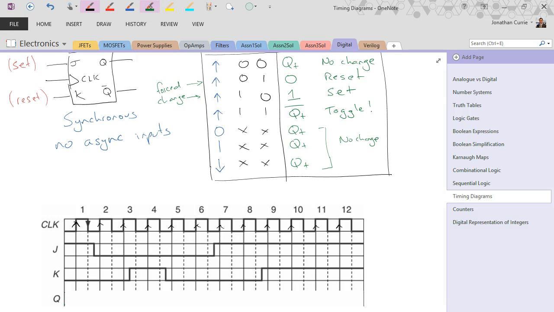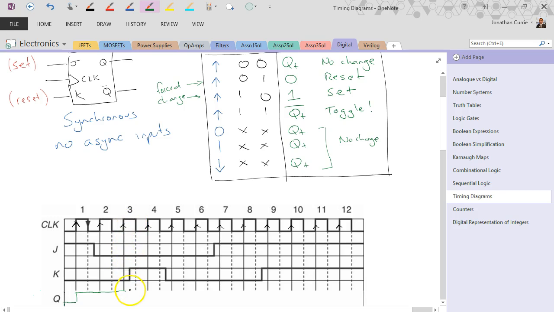So drawing Q, starting from the bottom, rising clock edge, J is 1, K is 0, is a set, and following through to the next rising clock edge, J is 0, K is 0, it's a no change. Next clock edge, both 0, still no change, carry on through.